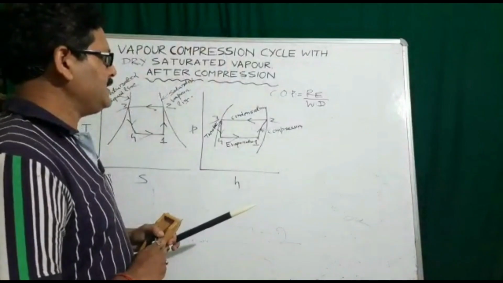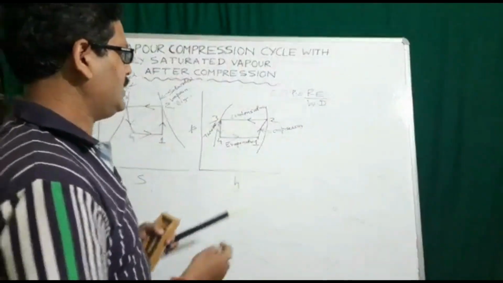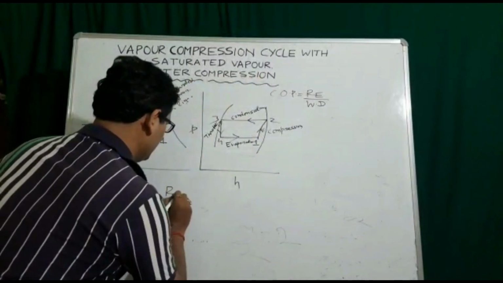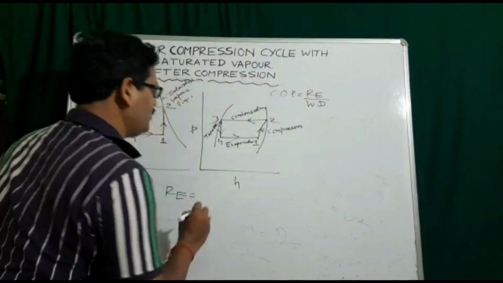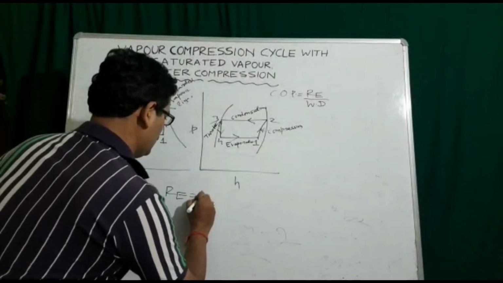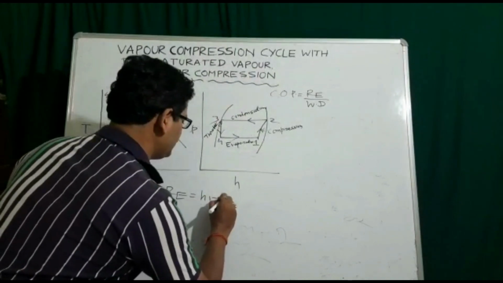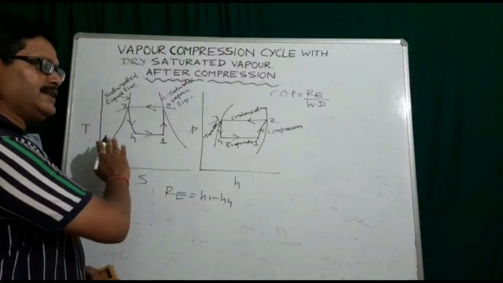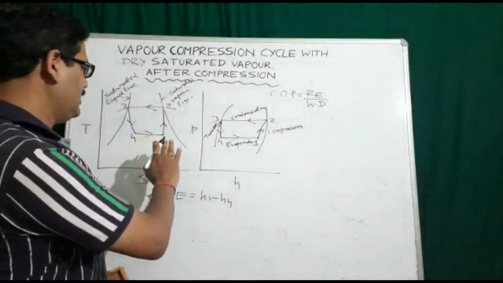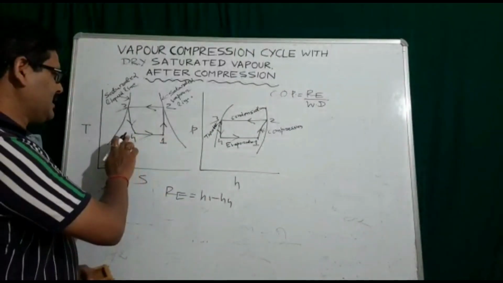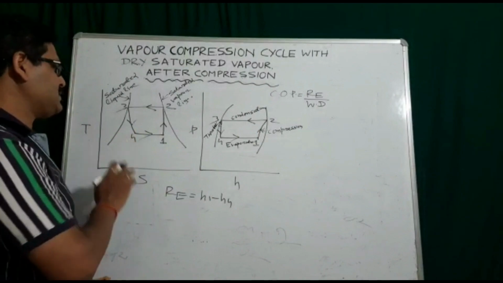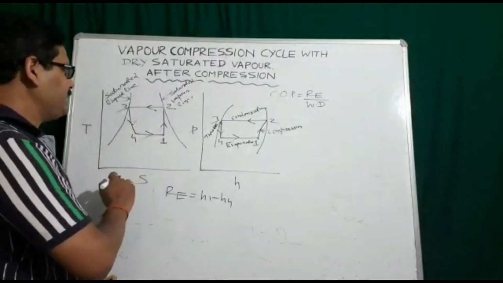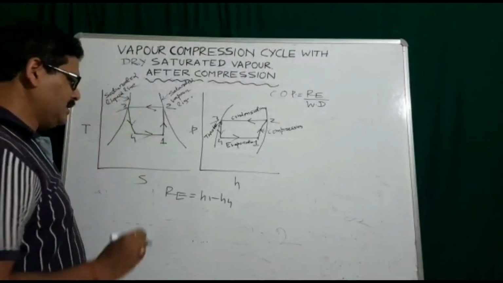So in terms of enthalpy difference, the refrigerating effect RE is equal to H1 minus H4, because the refrigerant enters the evaporator or refrigerator at 4, where it receives heat from the space to be cooled, and then 1 is the final condition.